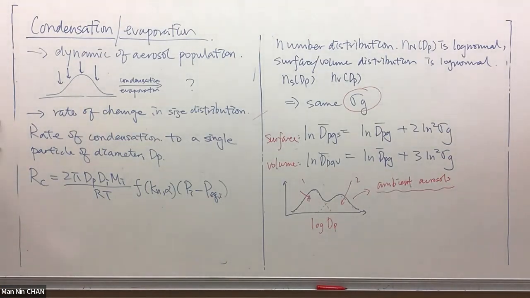So this is just the equation. Let's say you have condensation to a single particle of diameter dp. This will be the rate of changing your particle diameter, or the mass. This will be related to 2 pi times the dp.